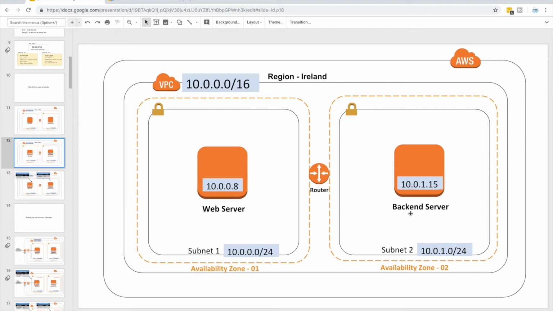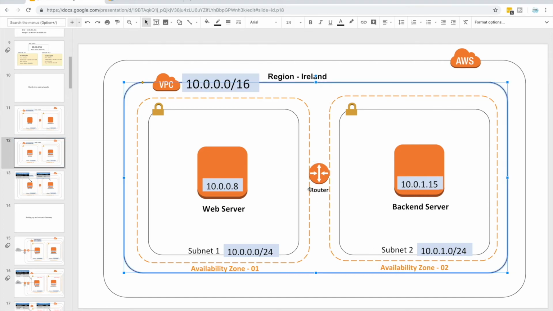The backend server was also allocated another IP address from the subnet 2 IP address range, 10.0.1.15, which is again not a reserved IP address, not one of the first 4 or the last IP address. And I told you this VPC router allows subnet 1 to talk to subnet 2.